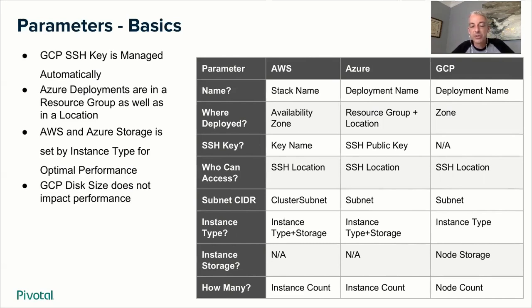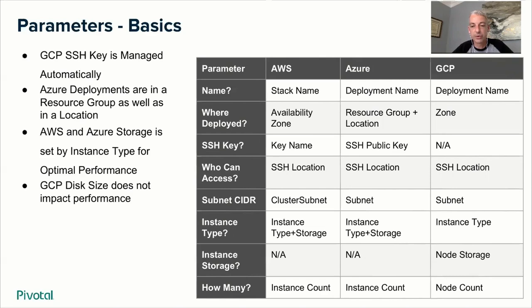The subnet CIDR, so this is the IP address range within the new subnet that will be created in your private network for Greenplum. The instance type itself, so in Amazon and Azure, we have combined instance type with storage because the storage has to be configured with the instance type because of how the performance is tied together.